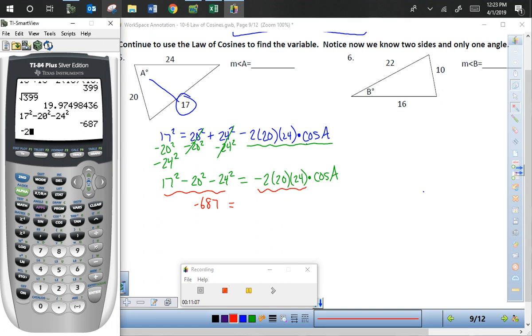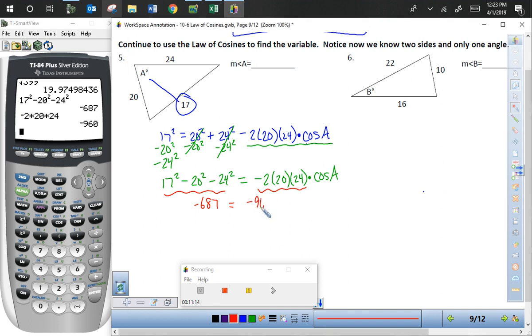We've got negative 2 times 20 times 24 to get negative 960. Now, the reason we did that is because our goal is to get A by itself. But in order to get A by itself, we need to get rid of this number in front. It says negative 960 times the cosine of A.